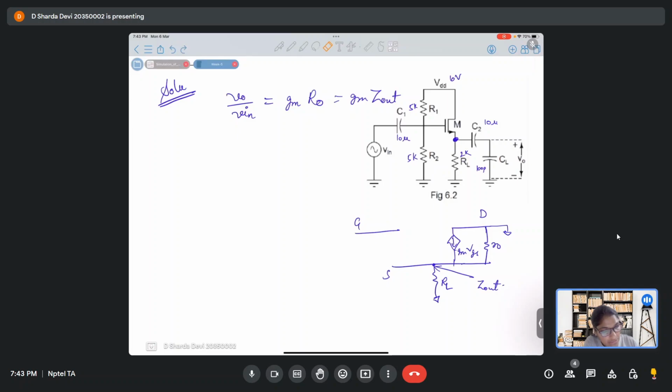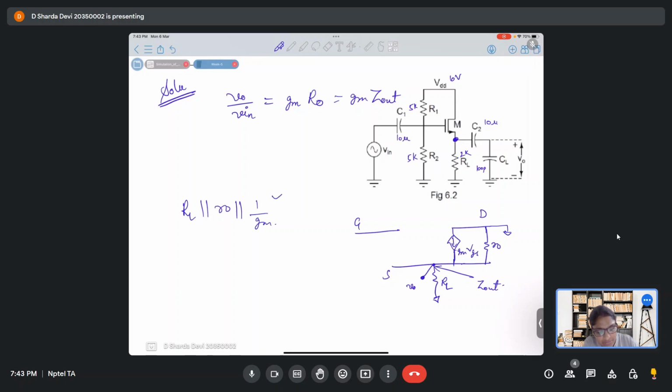So this is how the small signal model will look, and this is our V naught or output point. At this point we have to see Z naught. So Z naught is actually RL parallel to R naught, which is parallel to 1 by GM.